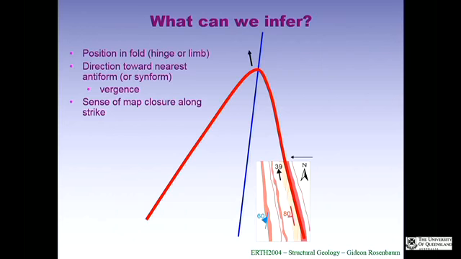So if I know the axial plane and I know the plunge direction, then I know that the closure must be creating that pattern on the map view. Yeah, the plunge is going away from the structure. It cannot go into the structure because that would be a cylindrical form. Okay, the divergence always is sending us to the next antiform.